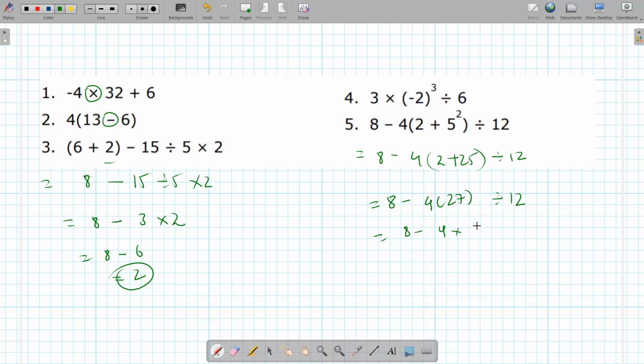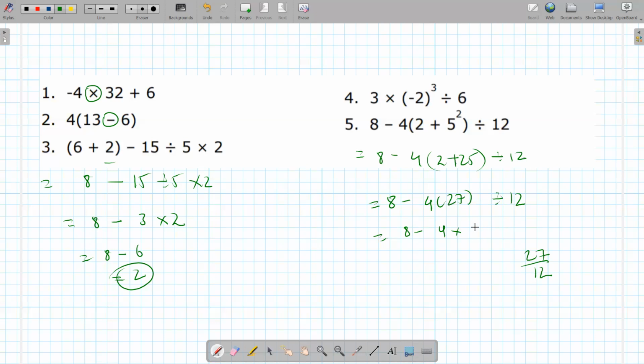So 27/12, what does that reduce to? They're both divisible by 3. 9/4.